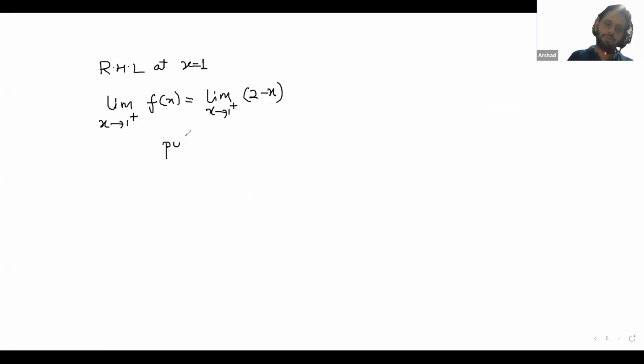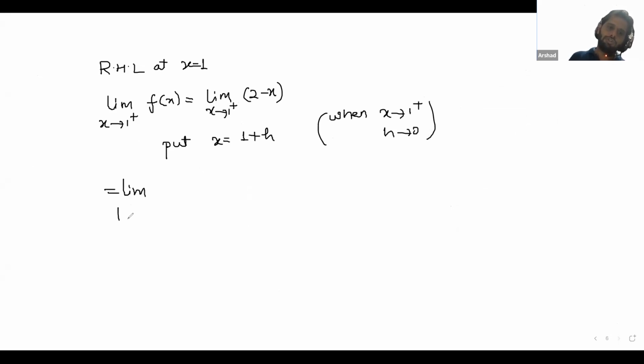Again, put x equal to, in the last case we put 1 minus h because that was LHL. Here we will use 1 plus h. And in the bracket, always write when x approaches 1 plus, h approaches 0. So we get limit h tends to 0, 2 minus, in place of x put 1 plus h.